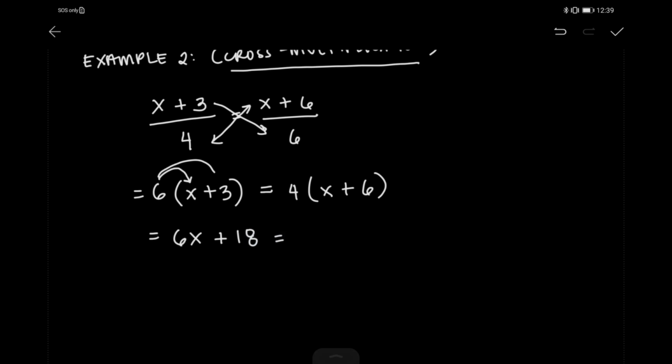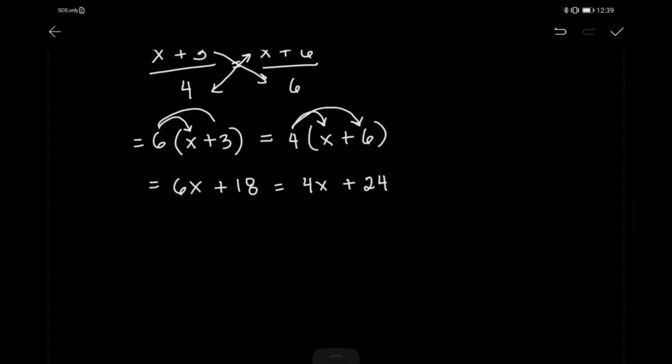Then equal sign. This one, 4 times x, so we have here 4x. Then 4 times 6 is equal to 24. So this is positive 24. Then combine like terms on the other side. So we have here 6x.